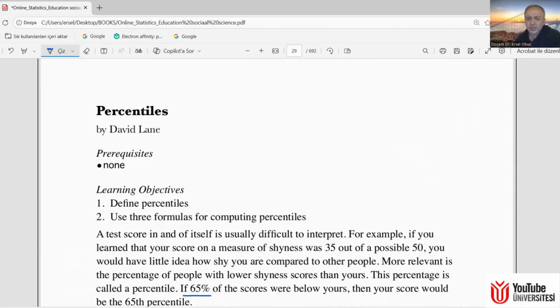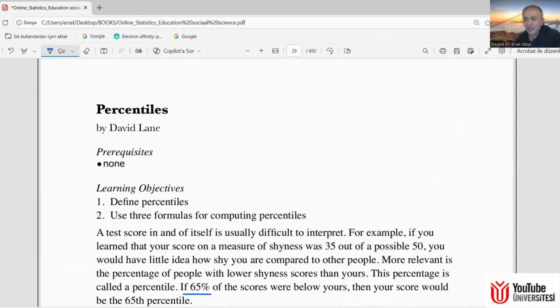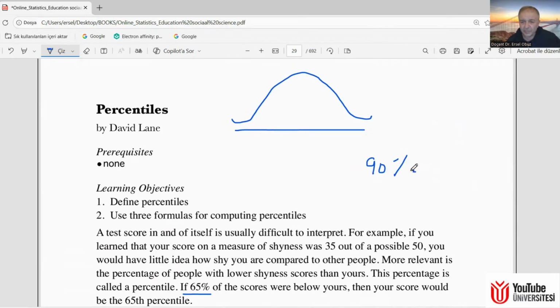We may talk about percentiles a little bit. Percentile is an important concept. When you say in a given exam, I am at the 90th percentile, it means your score is better than 90% of the class.